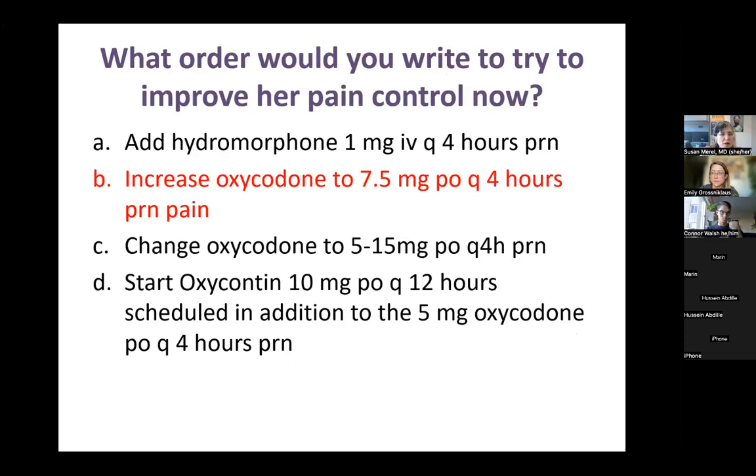So the answer is 7.5 milligrams every 4 hours as needed for pain. Great question. There's not a ton of science here. Most people with only mild renal insufficiency. So the question was whether I recommend Q4 hour as needed or Q6 hour for oxycodone in this scenario.